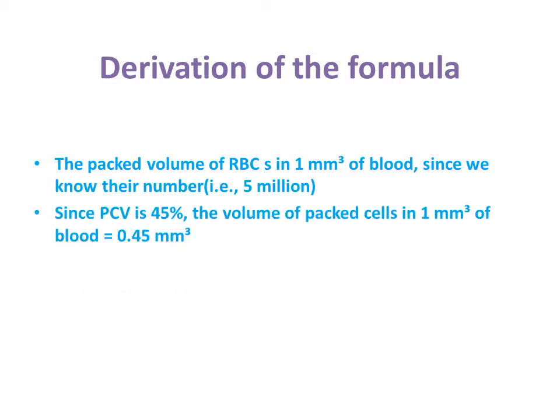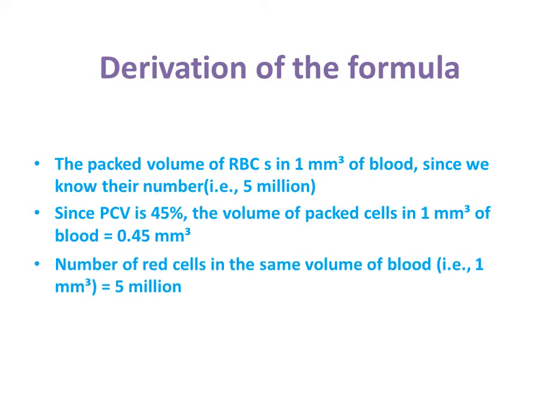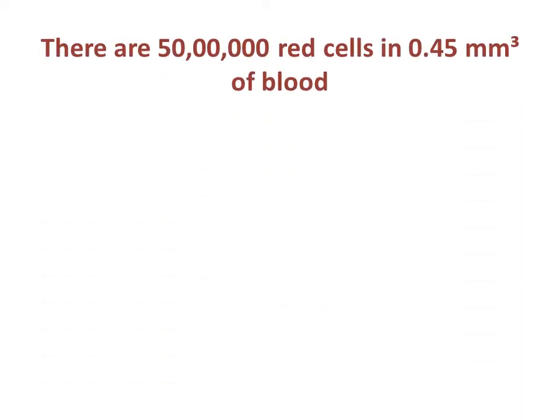Since PCV is 45%, the volume of packed cell in 1 cubic millimeter of blood is 0.45 cubic millimeter. The number of red cells in the same volume of blood, that is 1 cubic millimeter, is 5 million. There are 5 million or 50 lakh red cells in 0.45 cubic millimeter of blood.